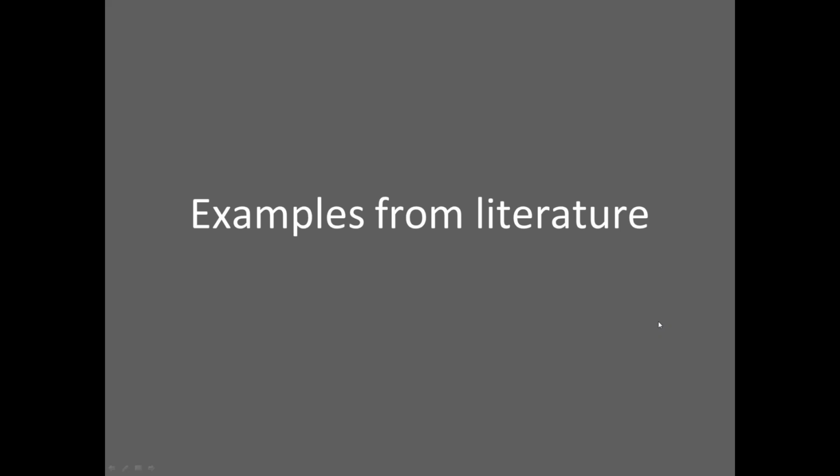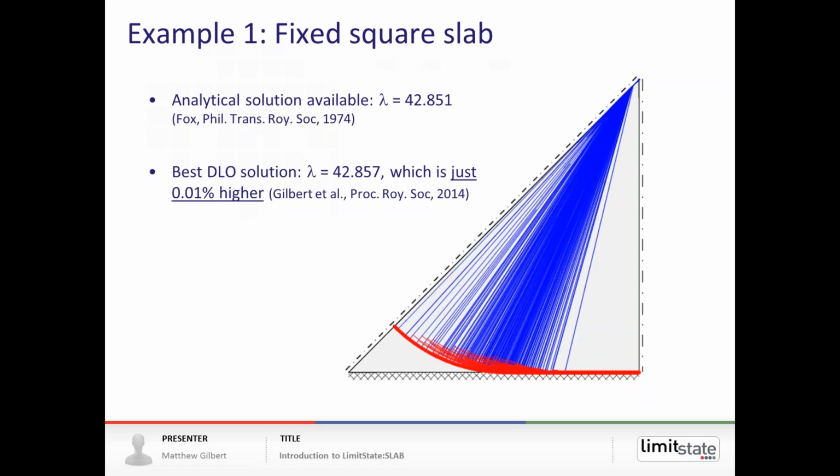Okay, so when we'd developed the method over in the university, the first thing we wanted to do was check to see that the method was providing demonstrably correct results. One of the first things that we did was apply it to the well-known fixed square slab problem. We can now see here an eighth of a fixed square slab, and there's a known exact solution for that problem.